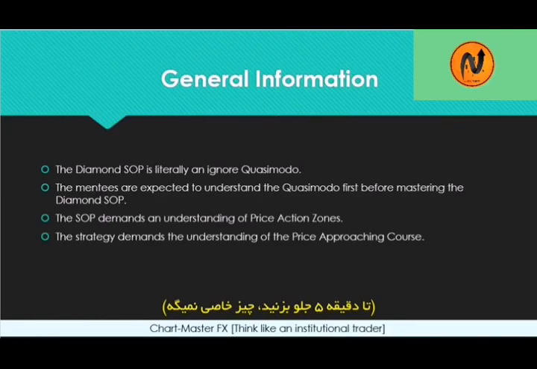Your eyes, guys, are the best. You need to see what is happening on the price. An understanding of things like price action zones can help you see how the market moves, not rely on the indicator to understand the movement of the market.